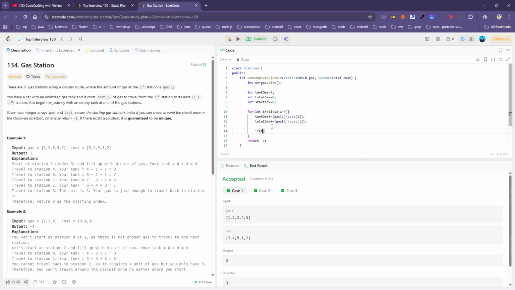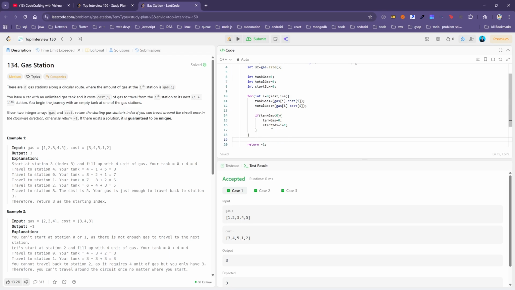Now at this position, if the tank gas is less than 0, which means you cannot move to the next index, then our start index will be something else. So our tank gas will reduce to 0 again. We'll start with the next index. So our start index will now be i plus 1, the next index.